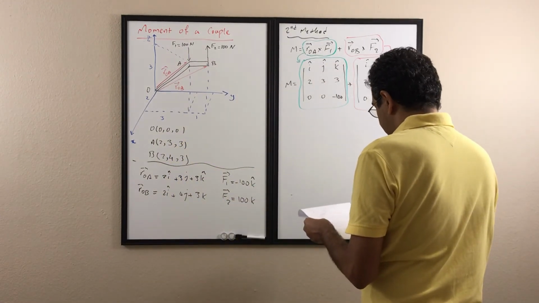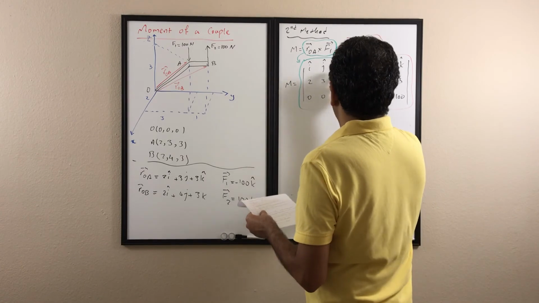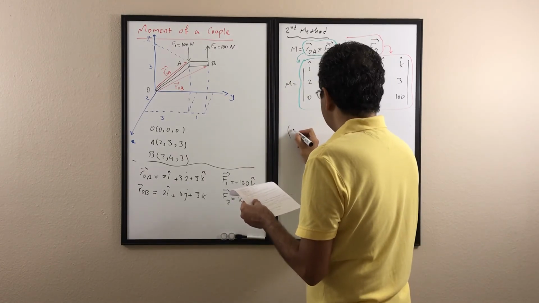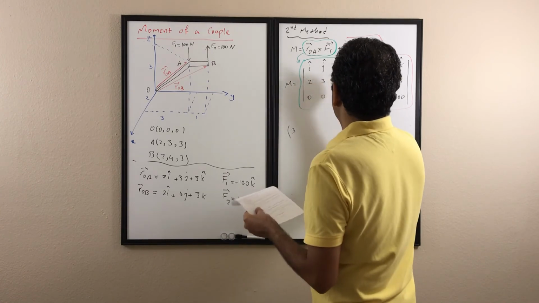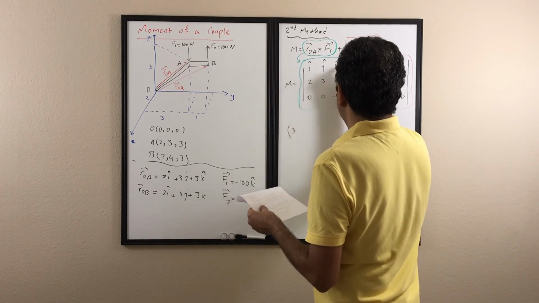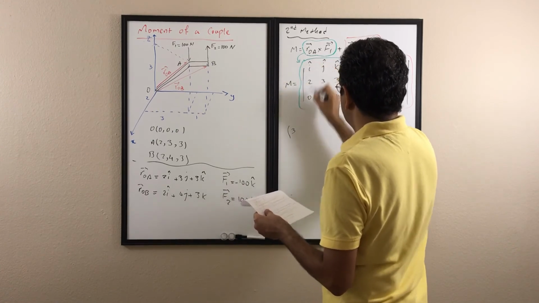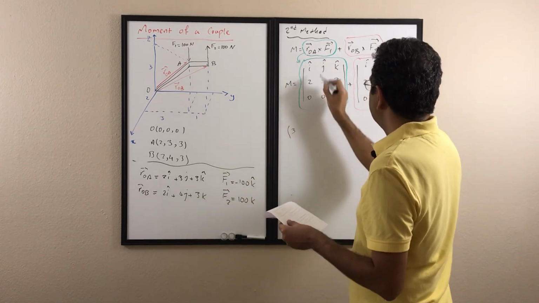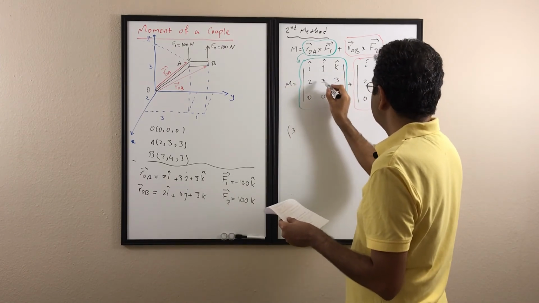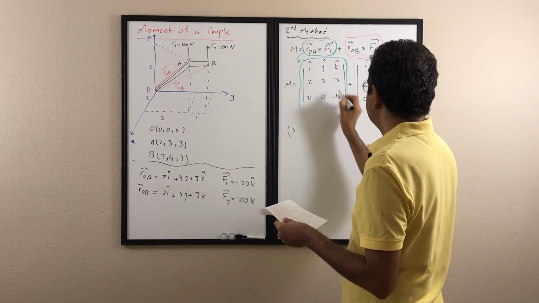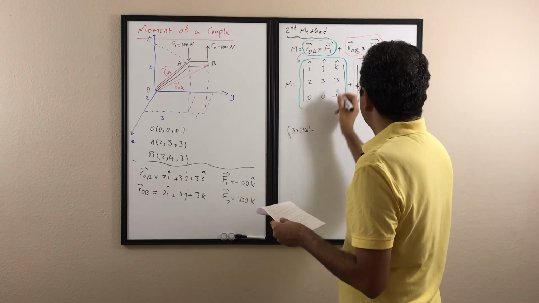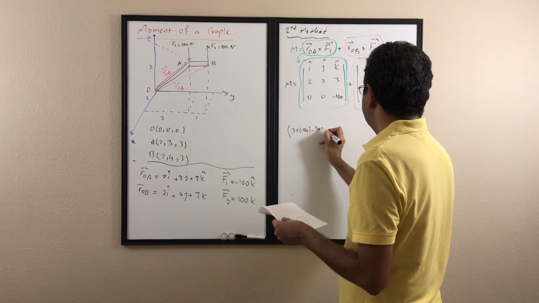If we calculate the first determinant, consider the first one: remove the first column and first row. So it's going to be i, with these two minus these two. So these times this minus this. So it's 3 times negative 100 minus 3 times 0.